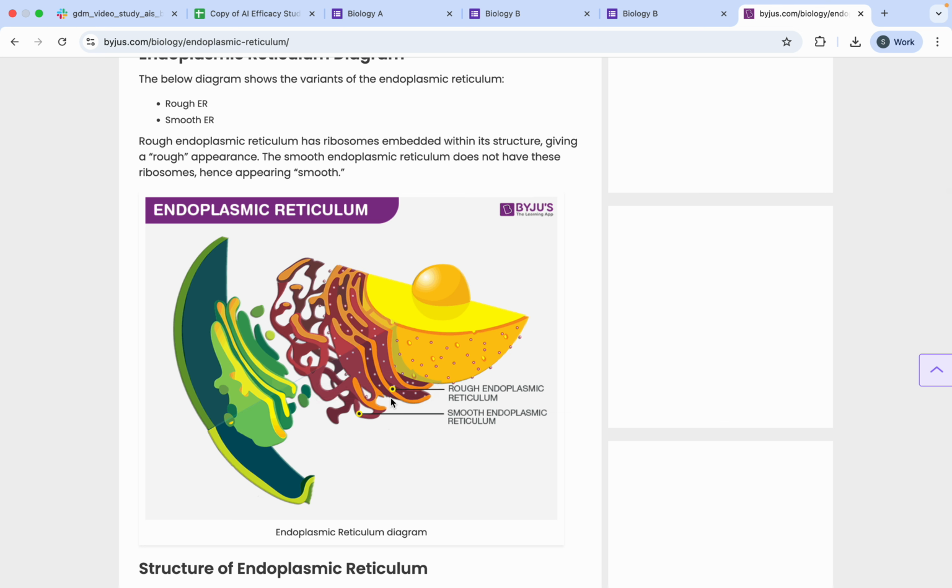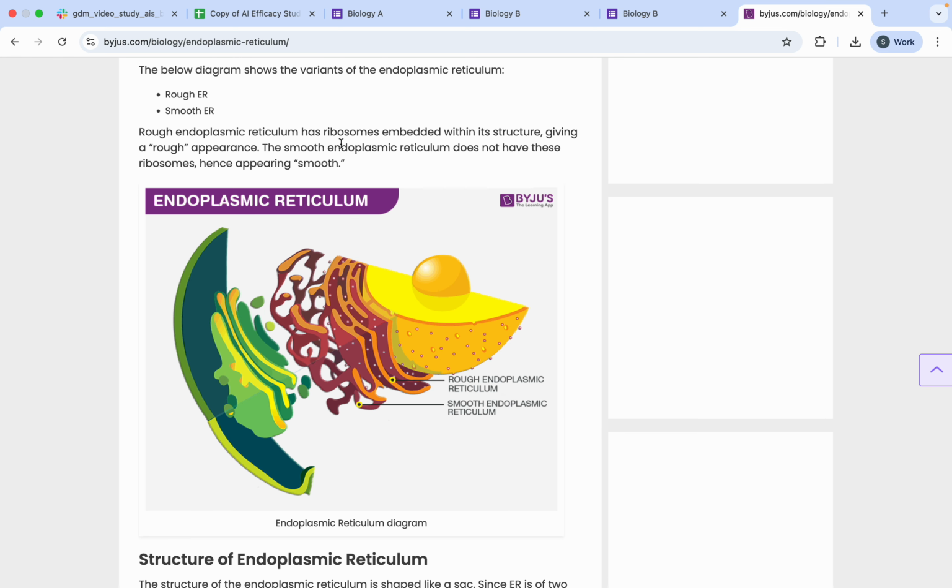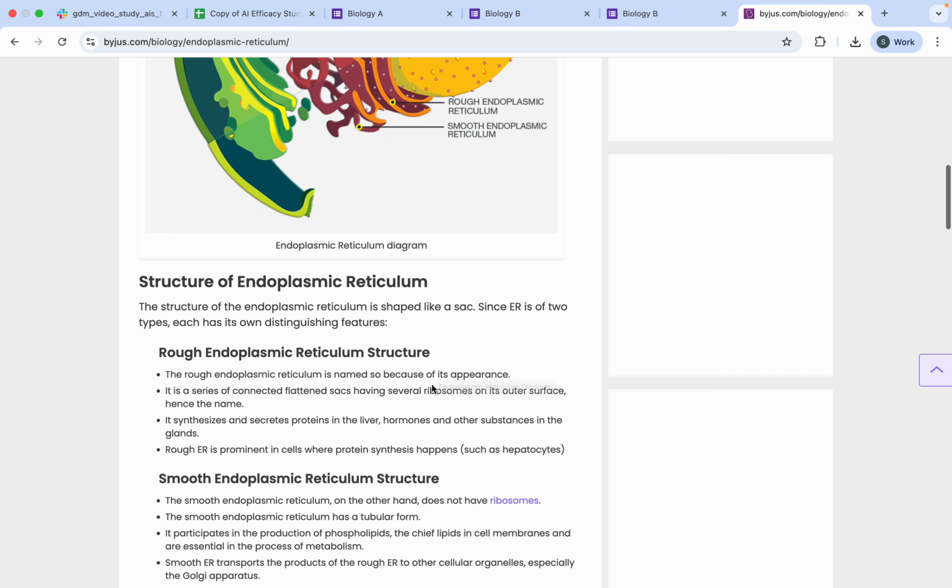Rough endoplasmic reticulum has ribosomes embedded within its structure, giving a rough appearance. The smooth endoplasmic reticulum does not have these ribosomes, hence appearing smooth.